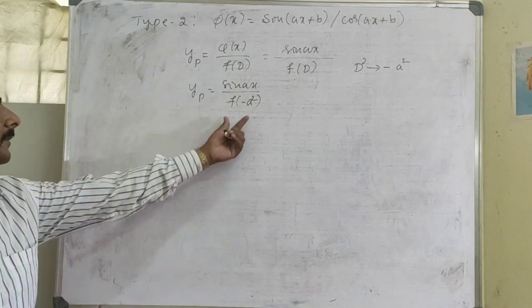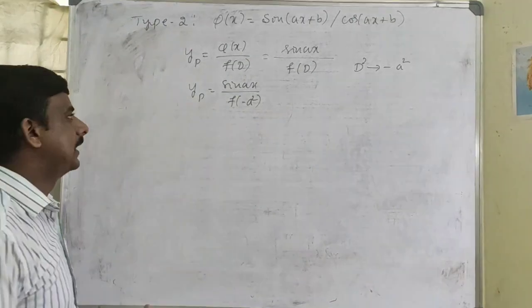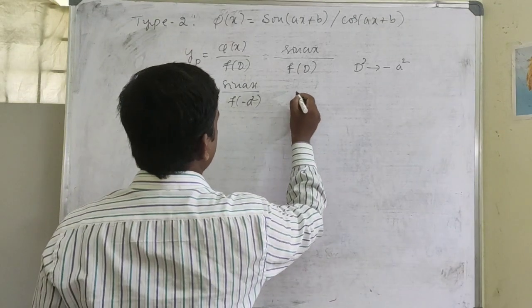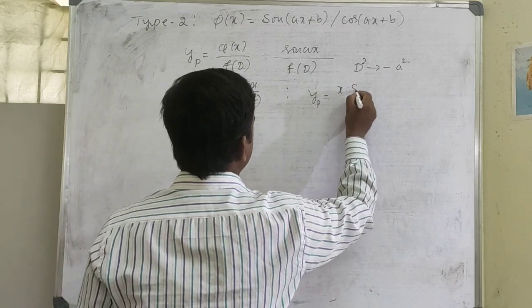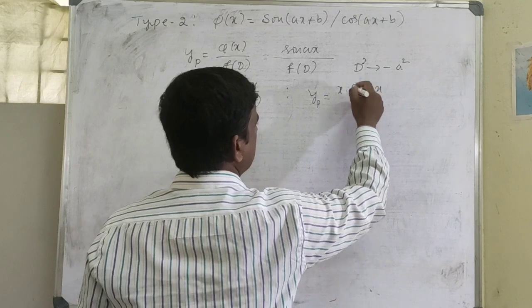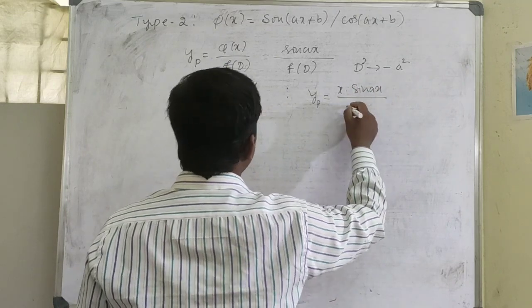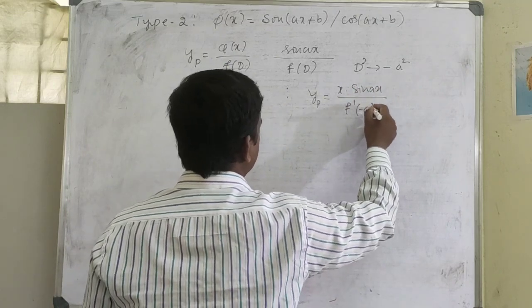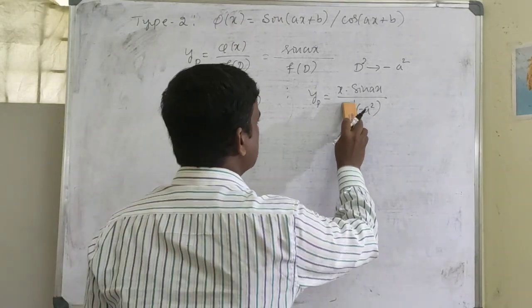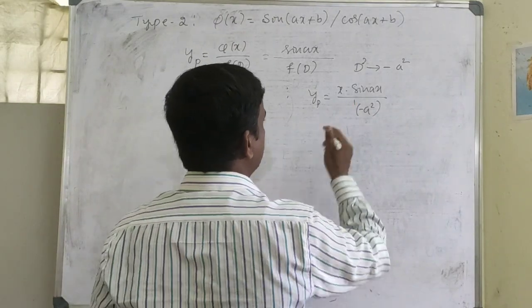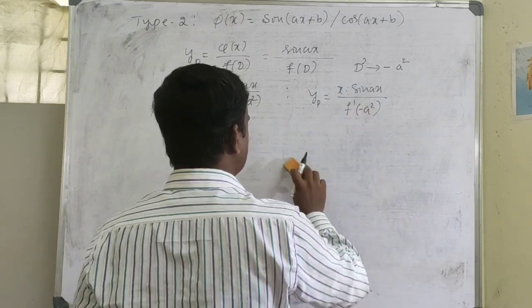In case this denominator is 0, then as usual multiply the numerator by x into sin ax, whatever the right hand term, that you have to write here, divided by f dash of minus a square. Differentiate f of D, then replace D square by minus a square.